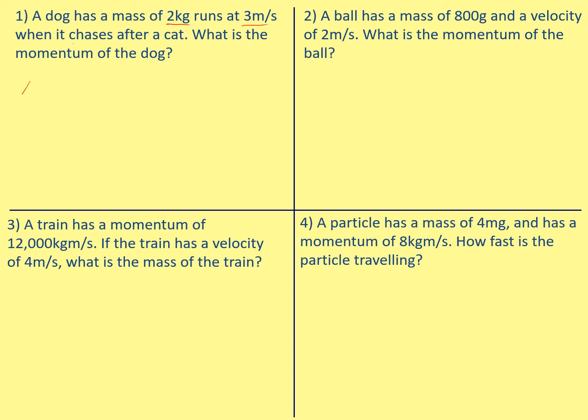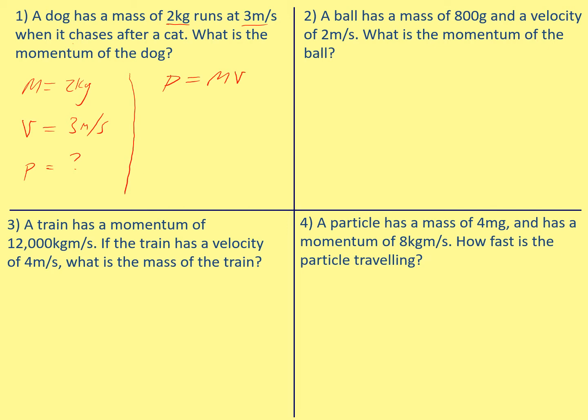So I'm going to start off by writing mass is 2 kilograms. That's the right unit. The velocity is 3 meters per second, which is correct. And momentum is question mark, because I don't know the momentum. Draw a line. Write the equation. It's the same every time. P equals mv.